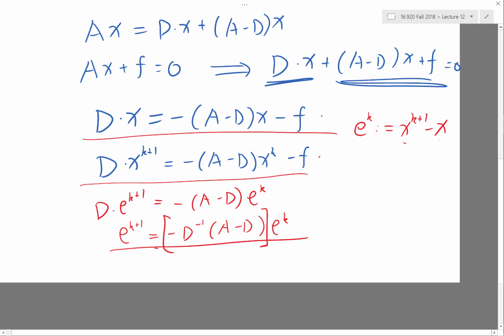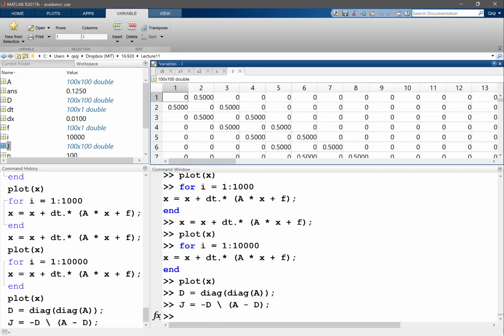This matrix is applied to the error, right? So after every iteration, the iteration error at one grid point becomes the average of the iteration errors of the 2 neighboring grid points.